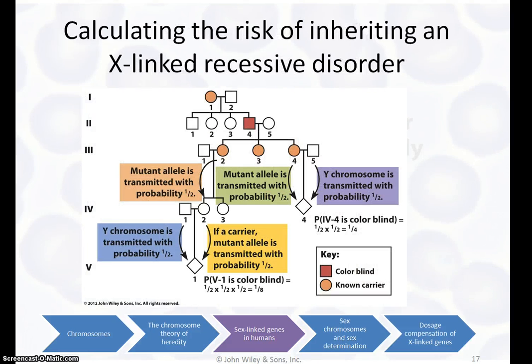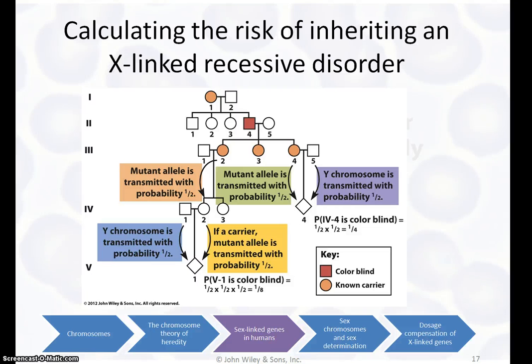Now let's look at color blindness here, another X-linked recessive disorder. A lot of times we think about color blindness being more prevalent in males, and this is the reason, because this trait is carried on the X chromosome. Now we can use this example to think about supposing a family knows that an X-linked condition, such as hemophilia or color blindness, runs in the family.